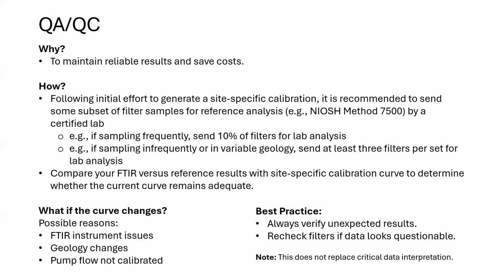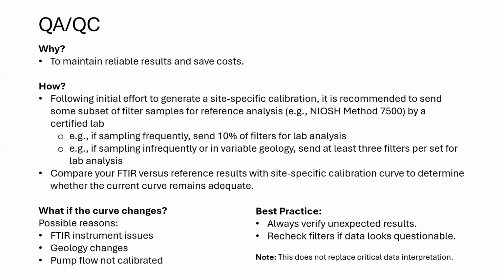You would want to check whether the lab results still fit the calibration curve, and if there are any significant deviations, use these lab results to update and improve your calibration curve over time.